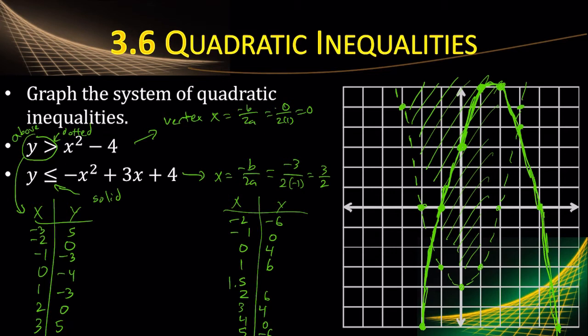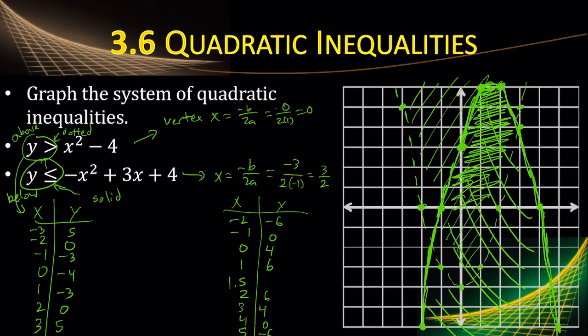All right, and then it's y is less than, so we shade below. All right, the answer is the place where they're both shaded, so we're going to make that nice and dark so that we can see exactly where it is. These are both places where they're both shaded.